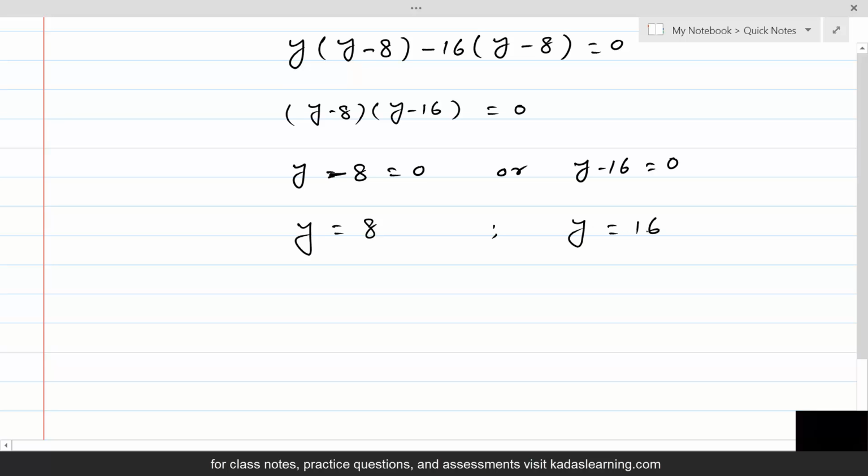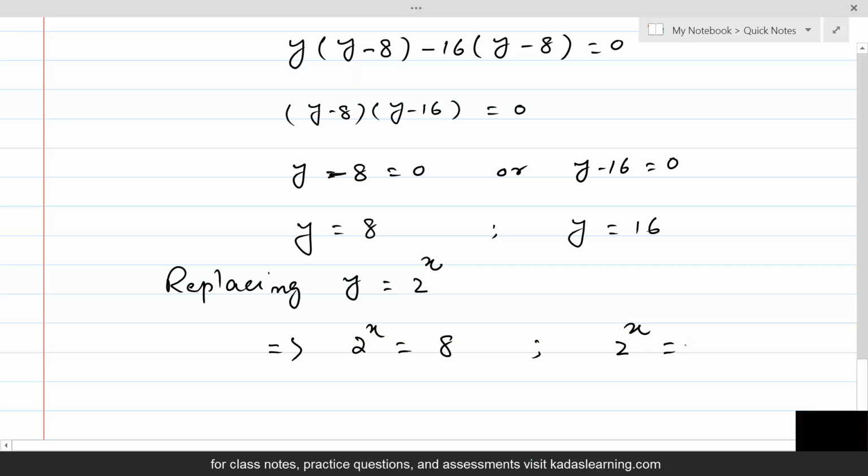Let us replace y with 2 power x. Replacing y equal to 2 power x, this gives us 2 power x equal to 8, and here this gives us 2 power x equal to 16.